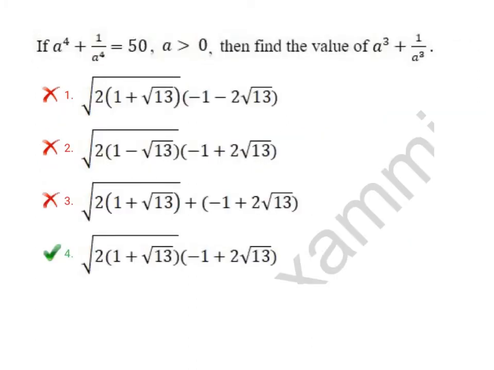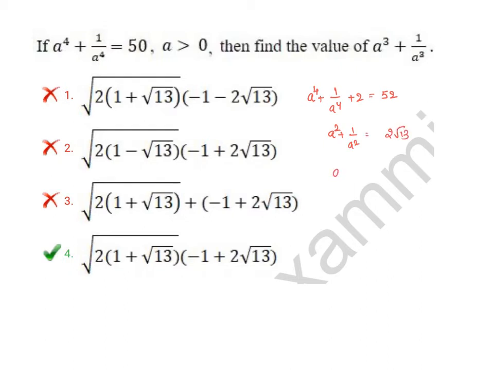Go for the next one. A power 4 plus 1 by a power 4 is equal to 50. Then find a cube plus 1 by a cube. So first of all, you have to find out what a plus 1 by a is. In order to do so, first add 2 to both sides. A power 4 plus 1 by a power 4 plus 2 is equal to 52. Therefore, square root both sides, it becomes a square plus 1 by a square, this becomes 2 root 13.